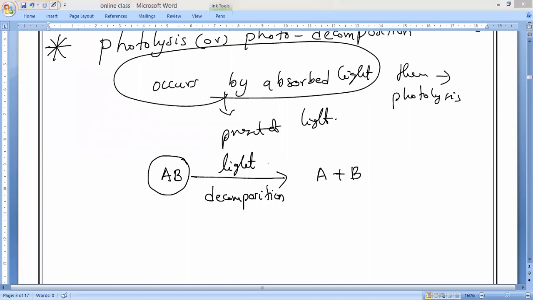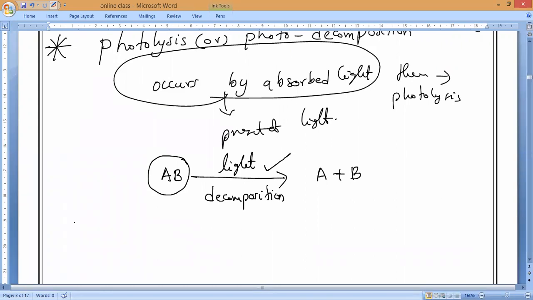So whatever reaction is carried out only by absorbing light, that is called photolysis or photo-decomposition reaction. So please all of you write the definition.